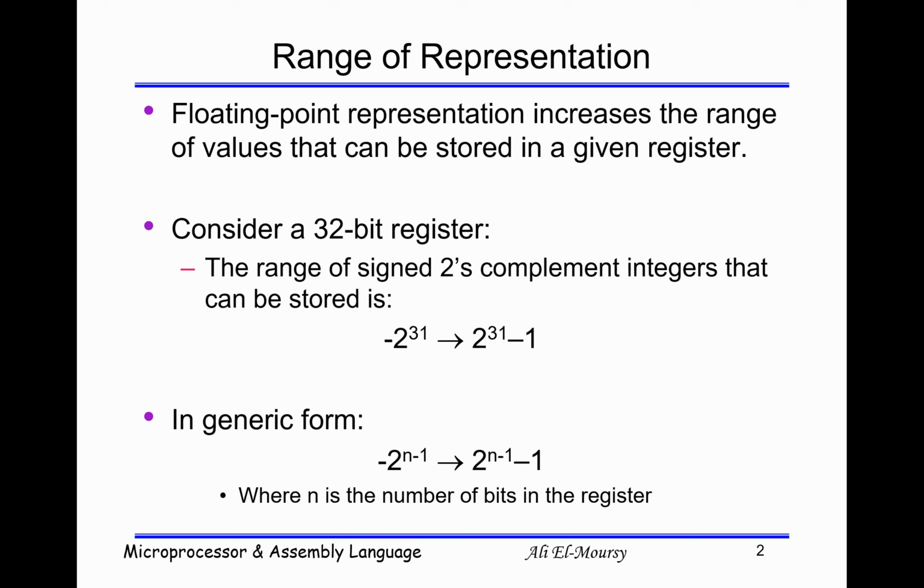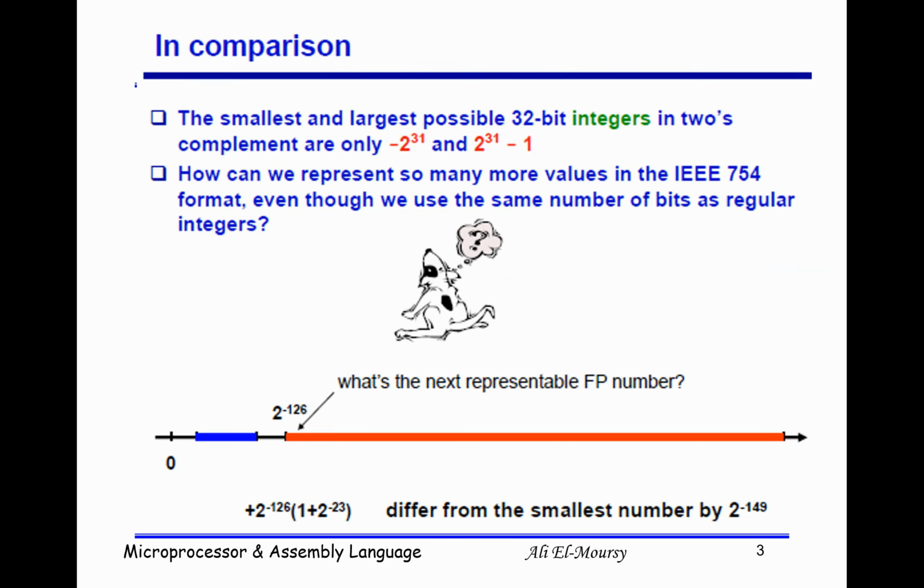So the number of combinations is 2 to the power 32, split into two halves, half for negative and half for positive, starting from minus 2 to the power 31 to 2 to the power 31 minus 1 in the positive. So how can the IEEE standard 754 do something different?